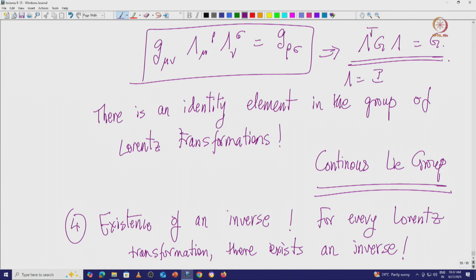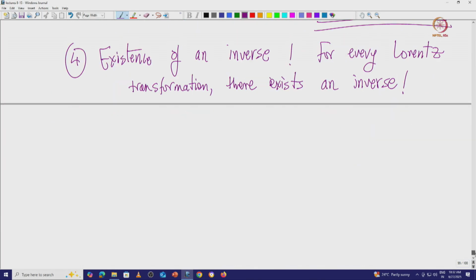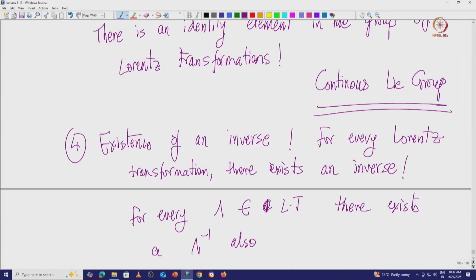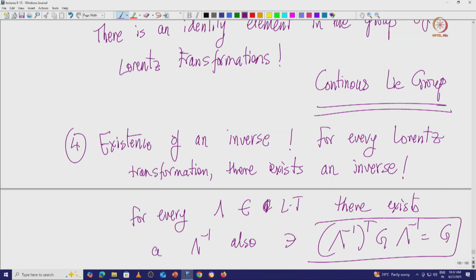We don't have to show that as of now, but for every lambda belonging to the Lorentz group, there exists a lambda inverse also, such that lambda inverse transpose G lambda inverse is equal to G. So that means it also forms a Lorentz transformation.